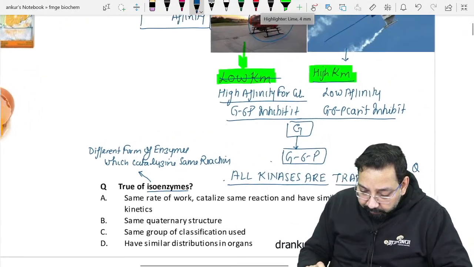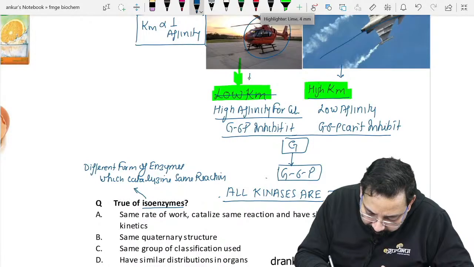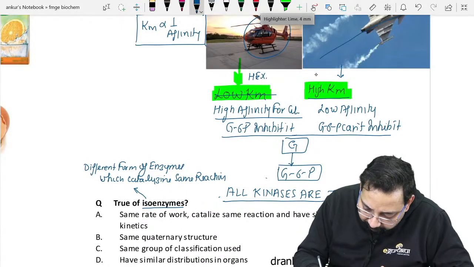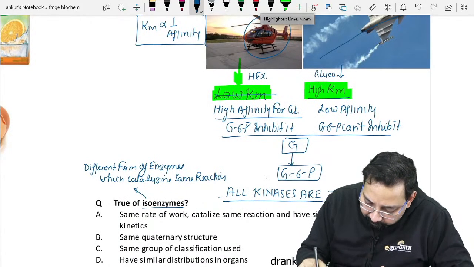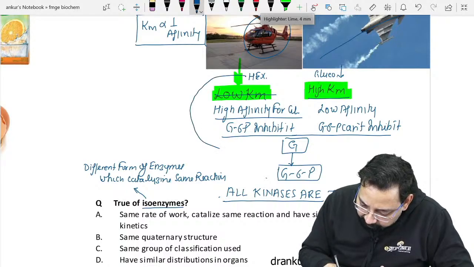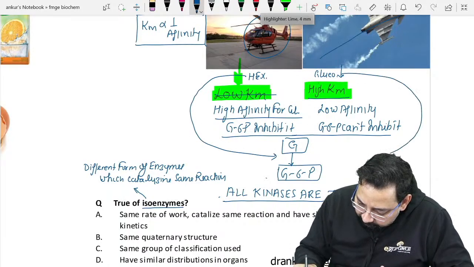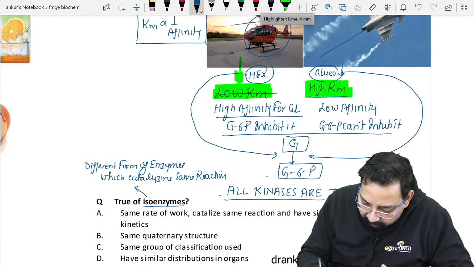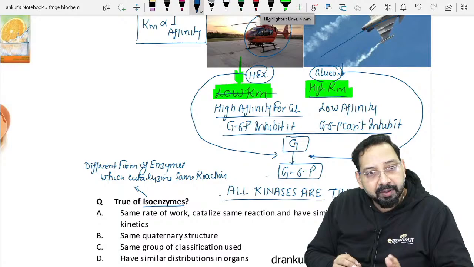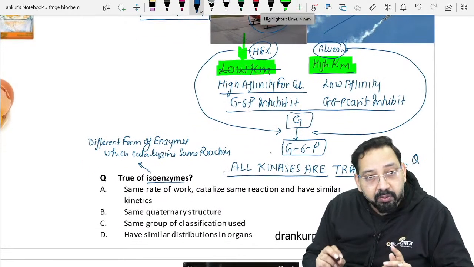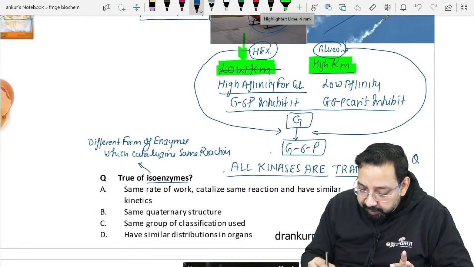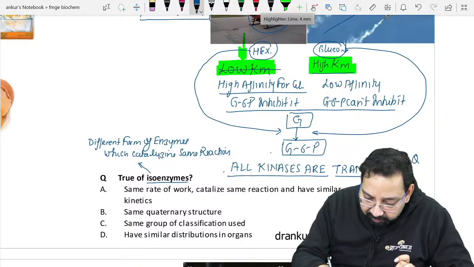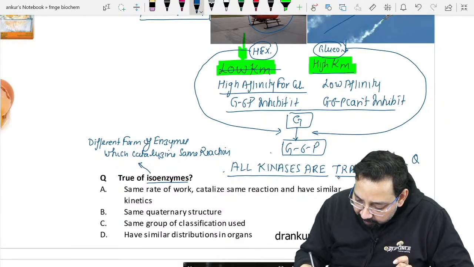If I say hexokinase and glucokinase are two different forms of enzyme which catalyze the same reaction, then you can say hexokinase and glucokinase are isoenzymes. They catalyze the same reaction. That's why they are classified under transferase.